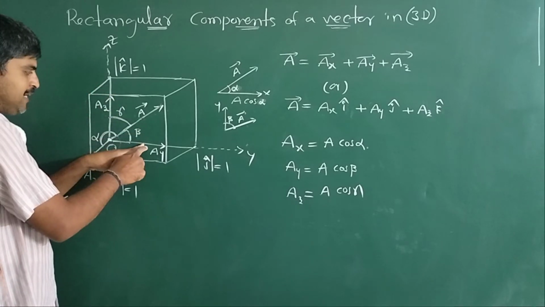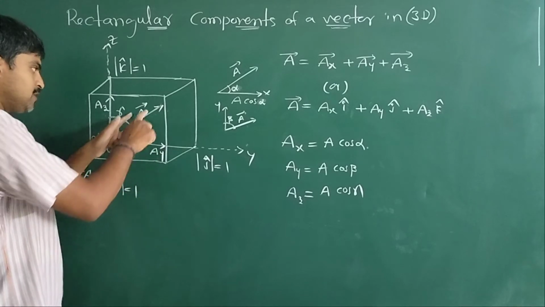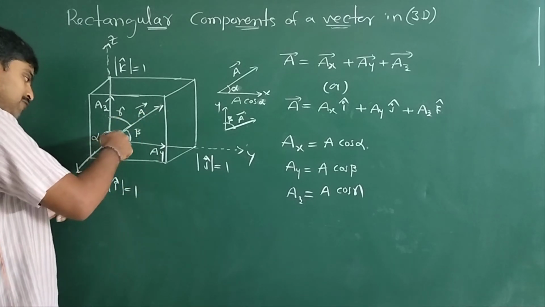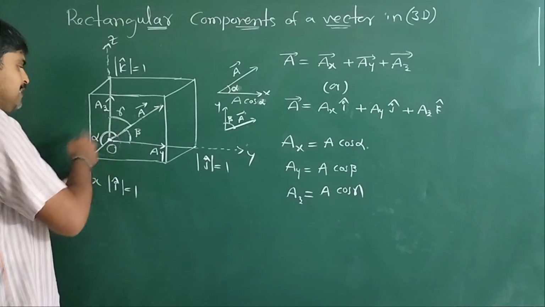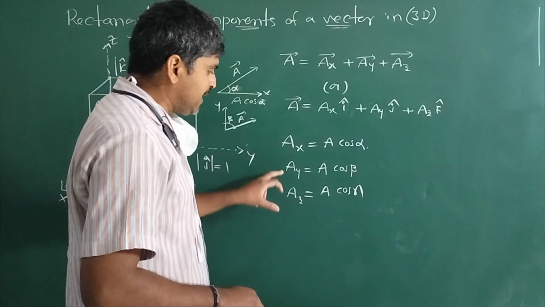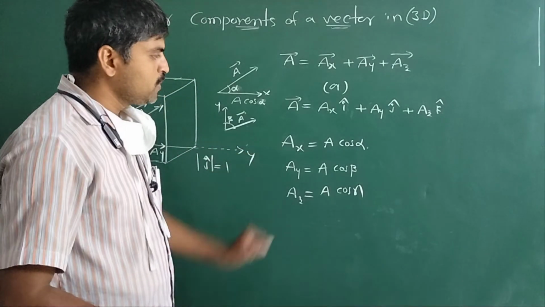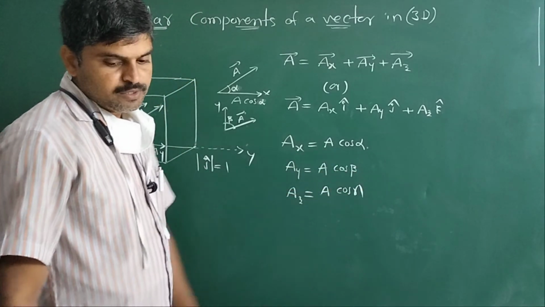In this direction, a cos beta. In this direction, a cos alpha, because the angle here is alpha. So these are called the rectangular components of A: a cos alpha, a cos beta, a cos gamma.